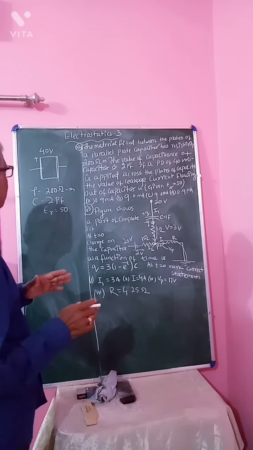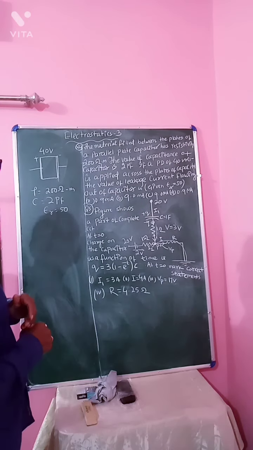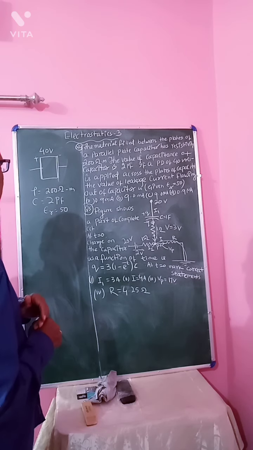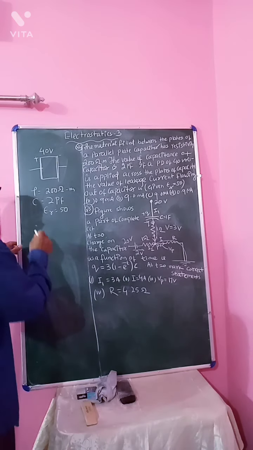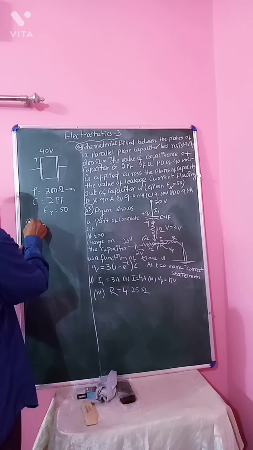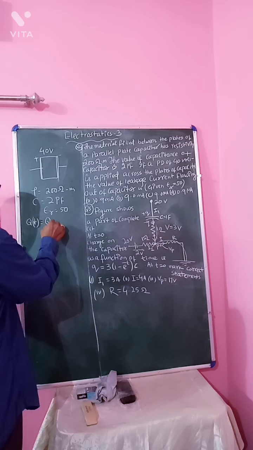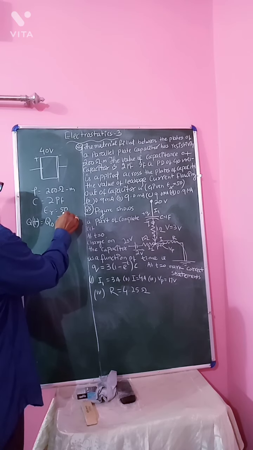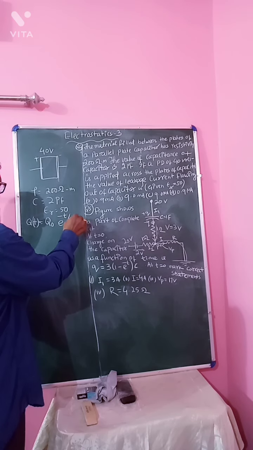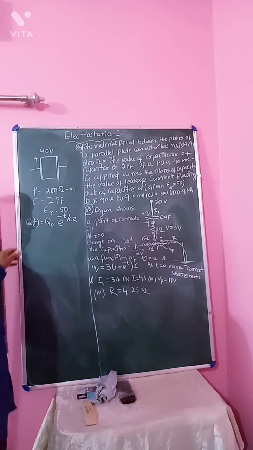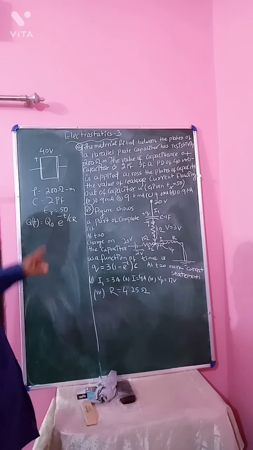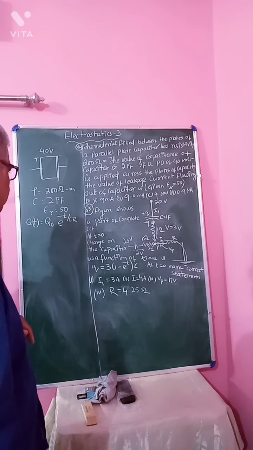Now it is a fully charged capacitor and the expression for charge at any instant is equal to maximum charge e to the power minus t upon RC. RC is the time constant, Q0 is the maximum charge.